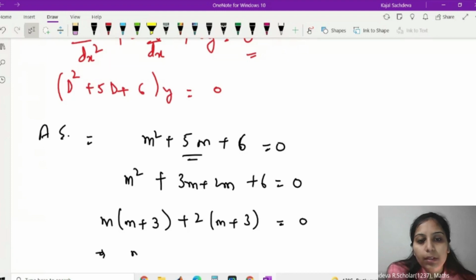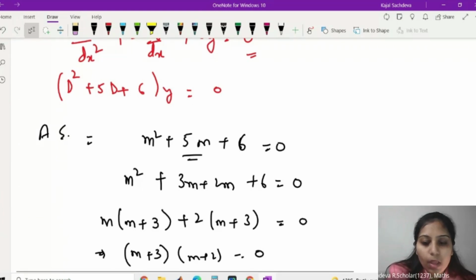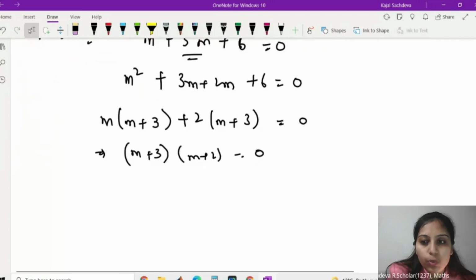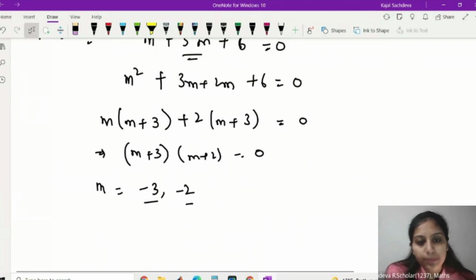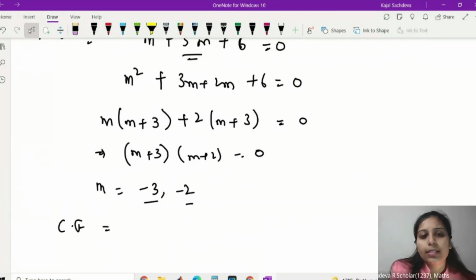So from here, (m plus 3)(m plus 2) is equal to 0. And we get the values of m as minus 3 and minus 2. It is the case of distinct real roots.